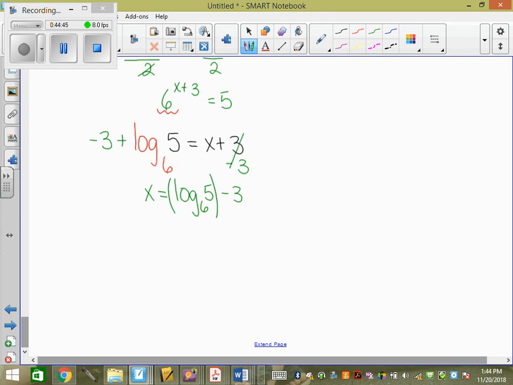So type it into the calculator to the nearest tenth, what do you get? Negative 2.1.